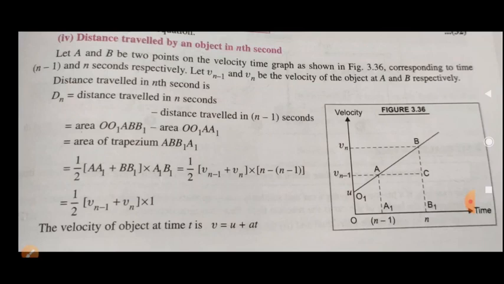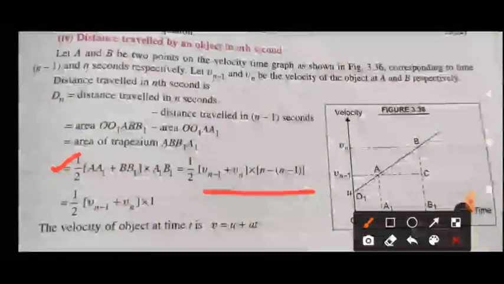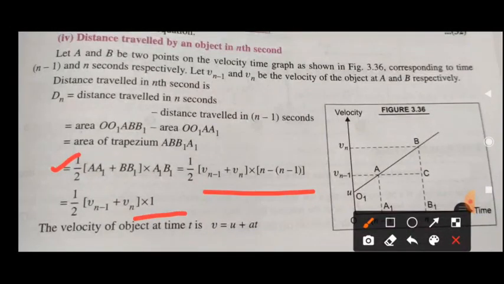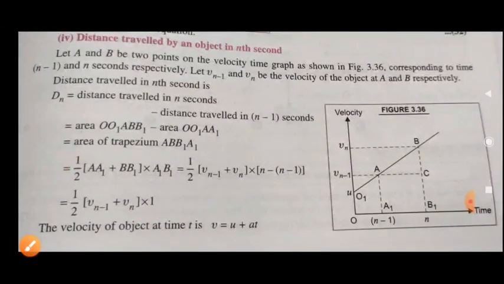Now you have to find the area of this shape. You can see it is a trapezium, the whole area of trapezium AB, B1, A1. You can find its area by this method, write down the values, and finally we have obtained this. Now as we know, the velocity of an object at any time is v equals u plus at.